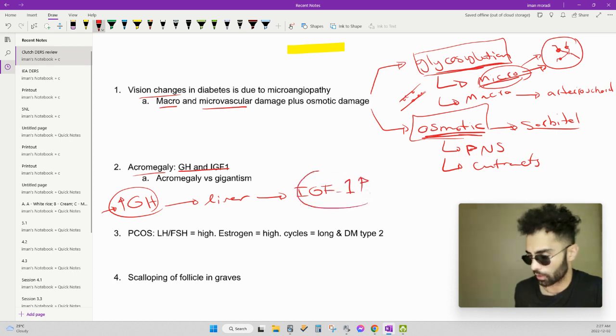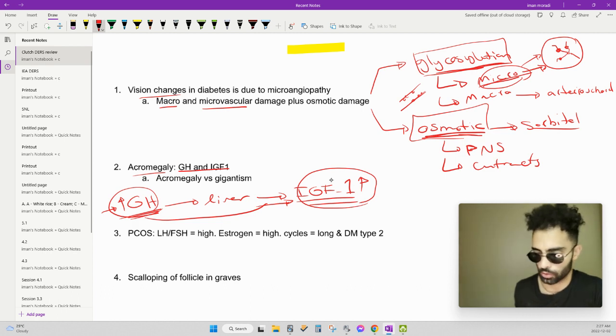And IGF-1 is what does the job that the growth hormone wants to do. So growth hormone itself doesn't do a lot. What it does is increase IGF-1. IGF-1 makes things grow, basically.